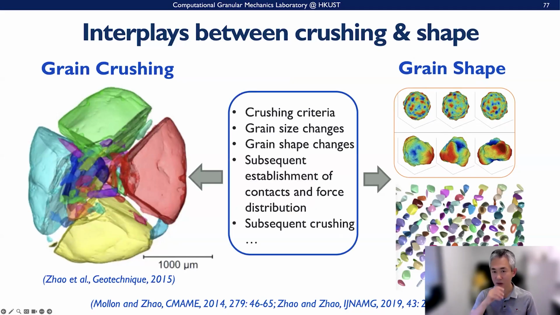So this interplay between crushing and shape gives you an evolving crushing criterion. You get grain size changes and grain shape changes, and then they affect the subsequently established contact and force distributions, and then will affect subsequent crushing.